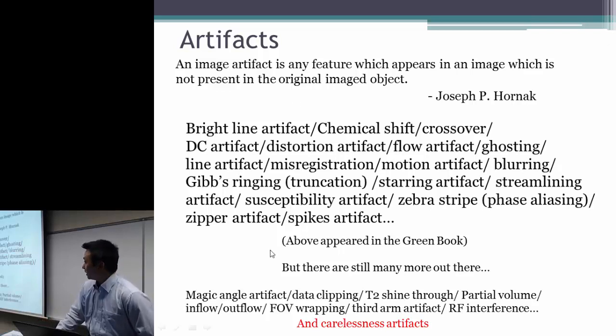So here, if we take a look at the index at the end of the green book, we can find that it has listed all these types of artifacts. Some of them we have already seen during our past sections.